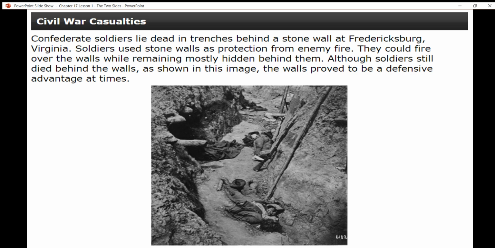Confederate soldiers in this picture lie dead in trenches behind a stone wall at Fredericksburg in Virginia. Soldiers used stone walls as protection from enemy fire. Over the walls, while remaining mostly hidden behind them, they could hide. Although soldiers still died behind the walls as shown in this image, the walls did prove to be a defensive advantage at times.